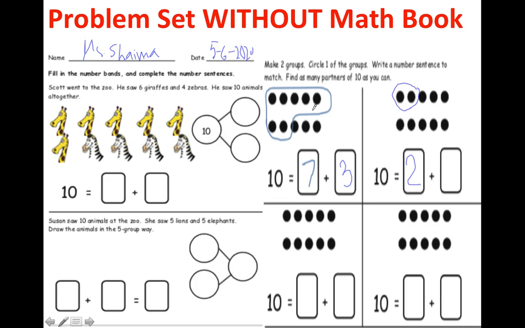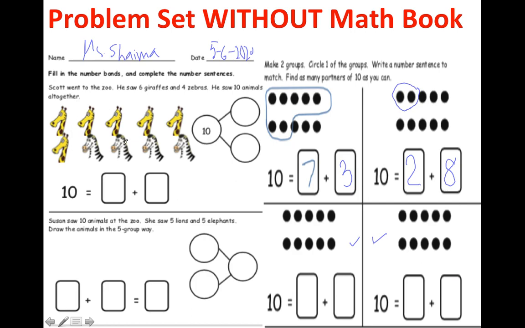Again, you don't have to do 7, you don't have to do 2. You can circle any amount you want, which means I'm left with a group of 5, 6, 7, 8. 8. So I know that 10 has a part of 2 plus 8. So 2 plus 8, 10 equals 2 plus 8. So I want you to do these two by yourself.